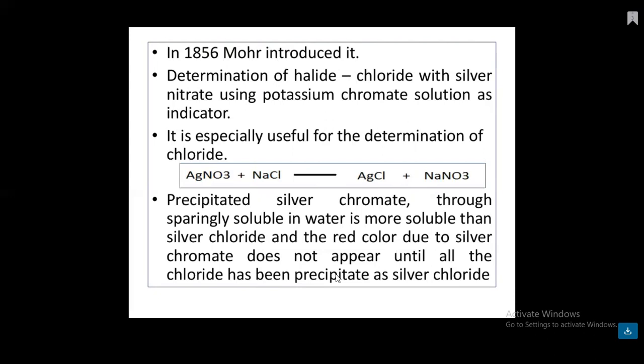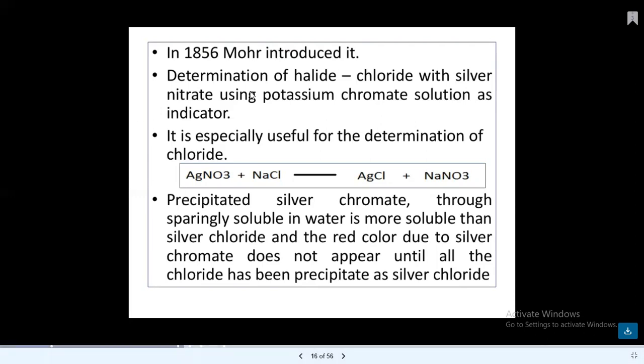With precipitation titration, we can find out the concentration of halides and pseudo halides. Halides हमारे पास कौन से हैं? That is chloride, bromide, and iodide. And what are the pseudo halides? Thiocyanide or cyanide. So quantitatively we can find out the quantity of these substances by using this method.